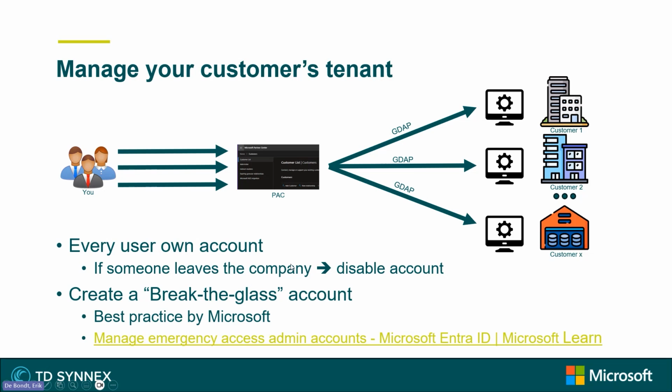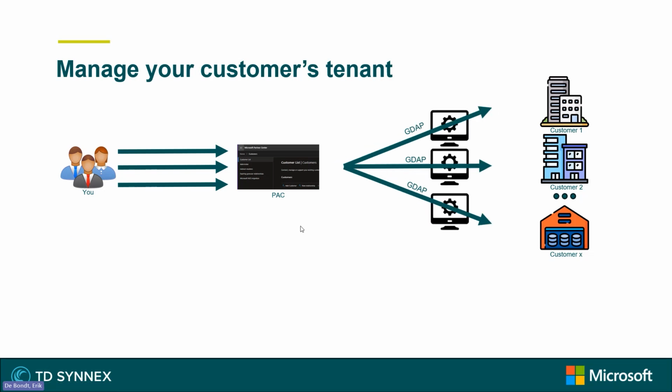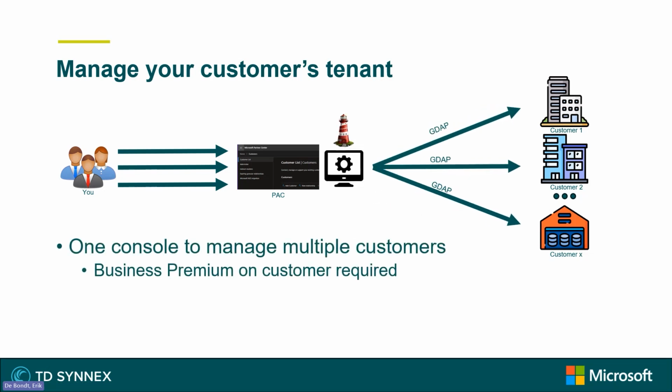If you start using this way of working, you can also start implementing Lighthouse. Lighthouse enables you to use one single console and do actions on multiple customers in one go. So you have statistics on multiple customers, and you can also take some actions on multiple customers in one go, for instance, configurations on MFA or something like that.